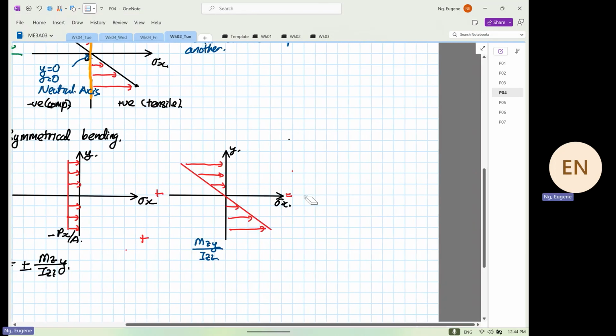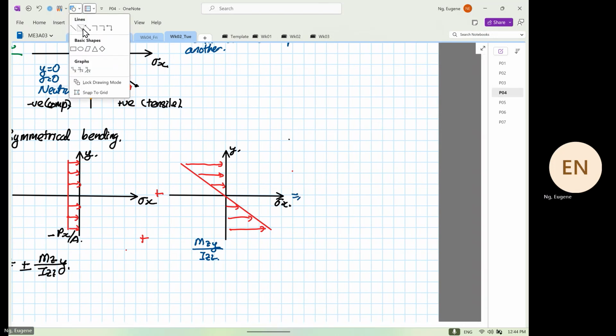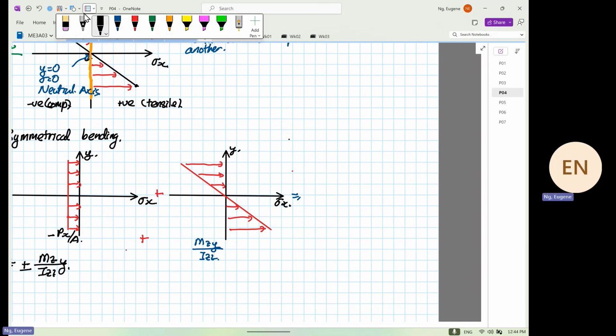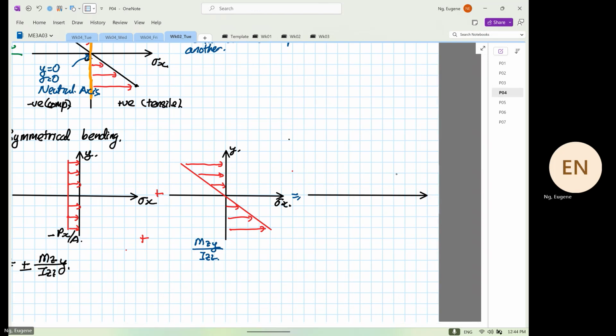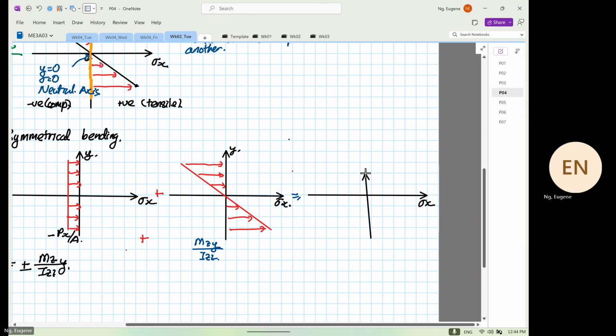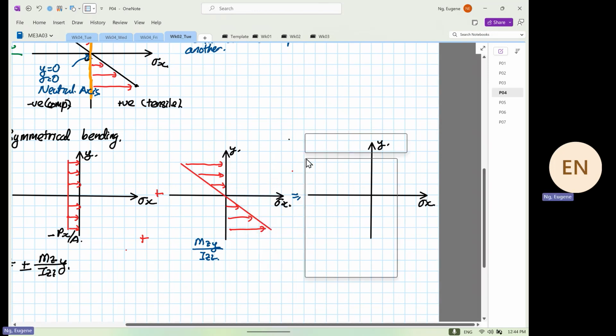So this will be equal. So again, our x-axis. Okay, so this is our stress X. And then our y-axis. So now the slope will be the same, but rather now it will shift to here.